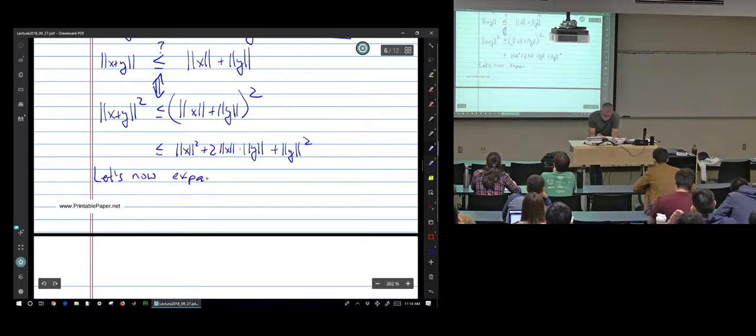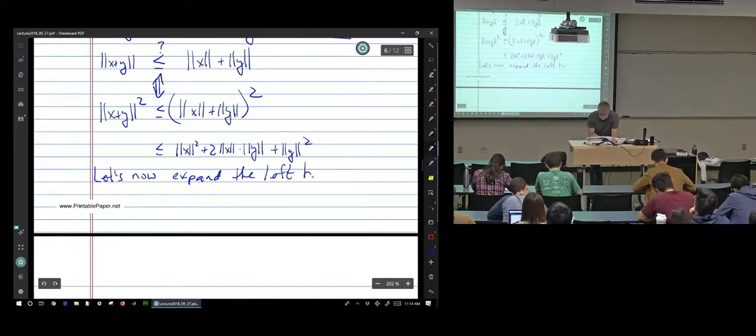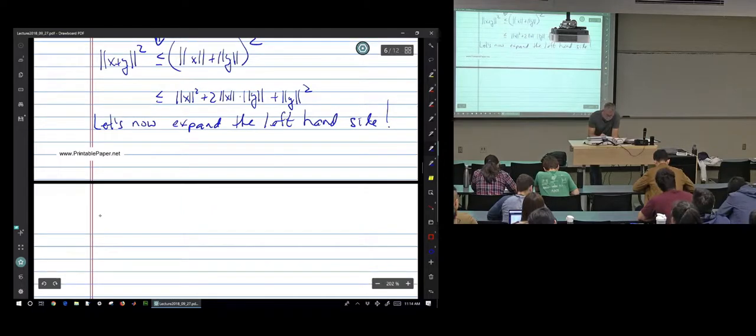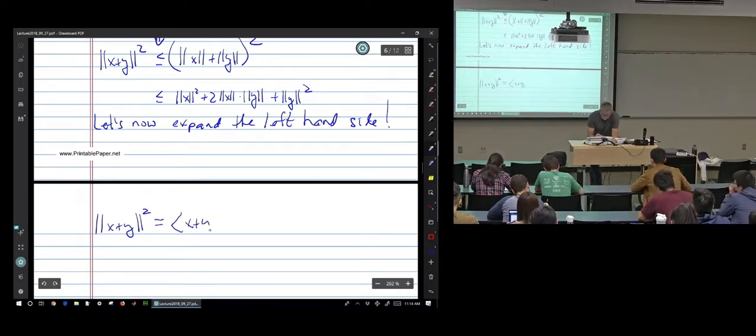So let's now expand the left-hand side. Norm x plus y squared is equal to the inner product of x with y and the inner product of x with y.